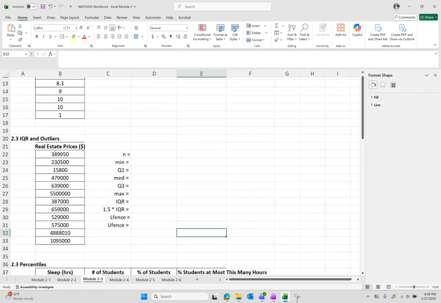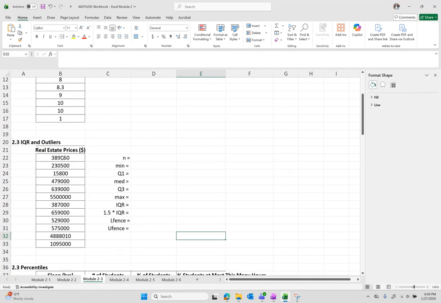If you highlight only the data values, this is your array, and your array starts from column B, row 22, and goes to column B, row 33. These are your values.